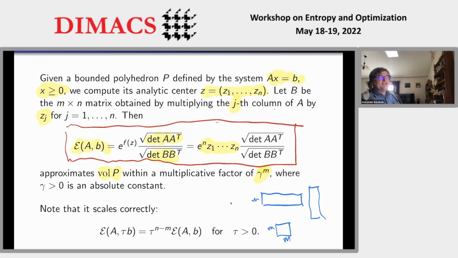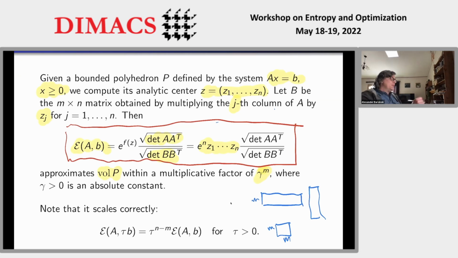Well, on linear transformations, volume changes predictably. If it's an honest linear transformation, not projective, then you just get the volume multiplied by the determinant. But it's a lower dimensional volume, right?